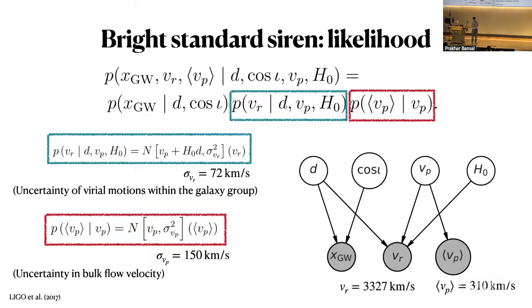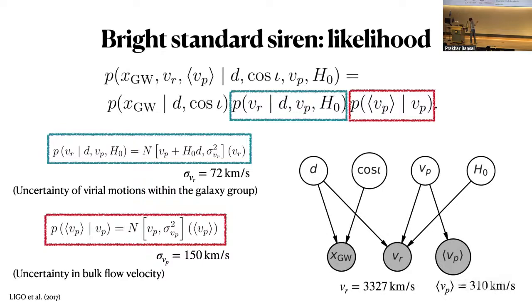So this term here, the recessional velocity, is given by this. This is an assumption we make for how the measurement of the recessional velocity depends on the distance, the peculiar velocity, and the Hubble constant.